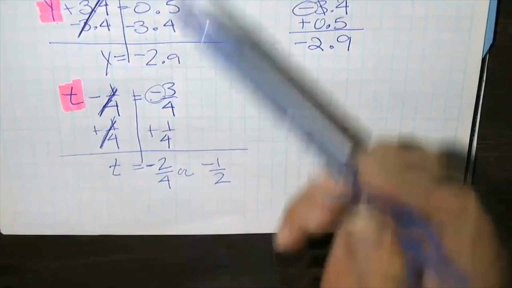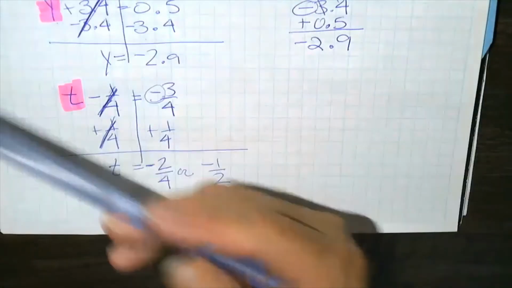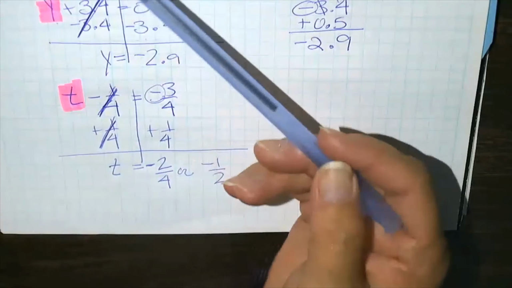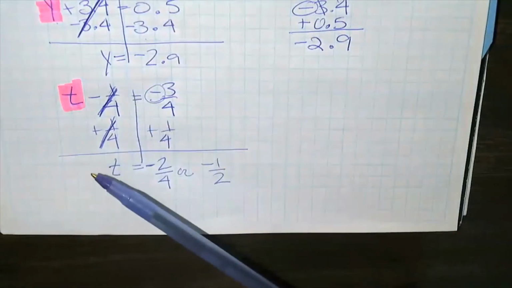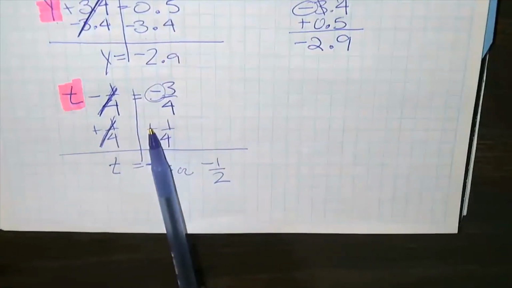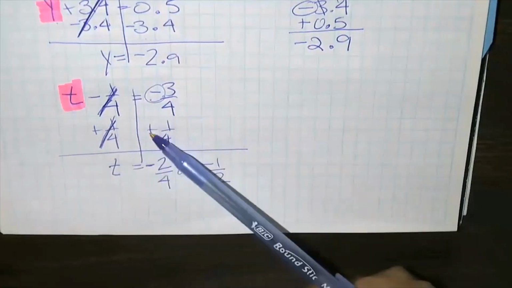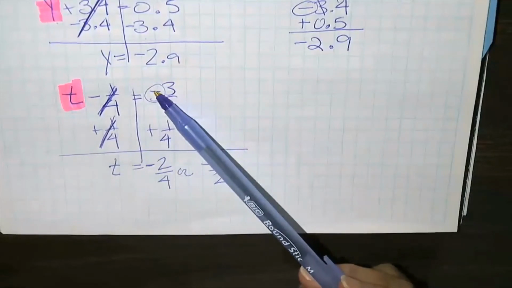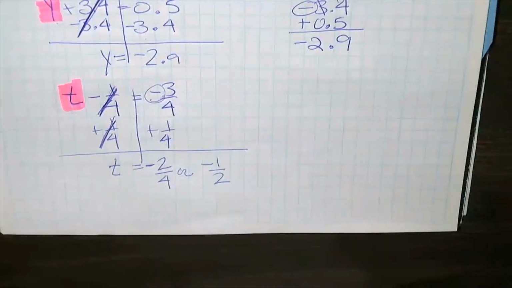So we are doing one-step equations. We're isolating the variable and using inverse operations to figure out what the variable is. We're using decimals, we're using fractions, we're using positives and negatives. But life doesn't stay that simple.